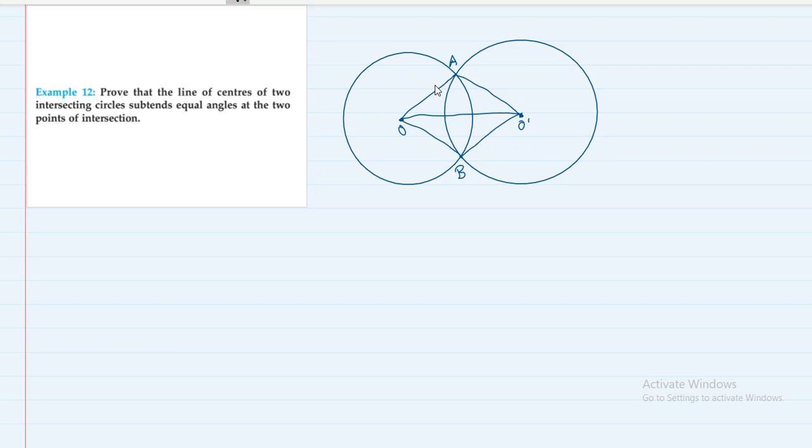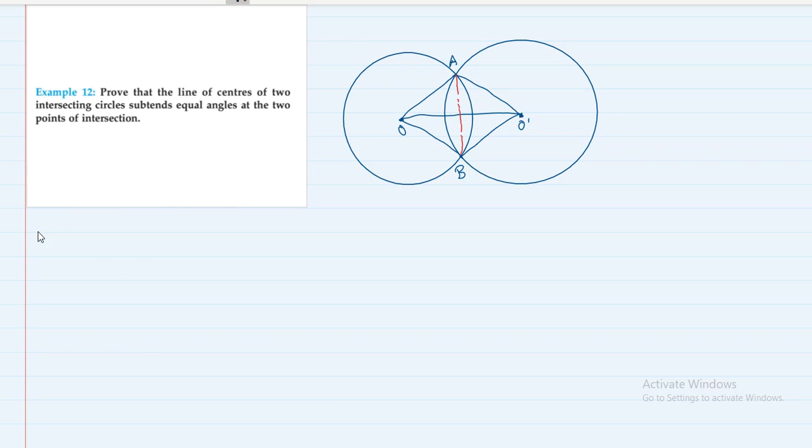So we have to prove that OAO dash and OBO dash are equal. For that we need to do a construction. We need to join AB.